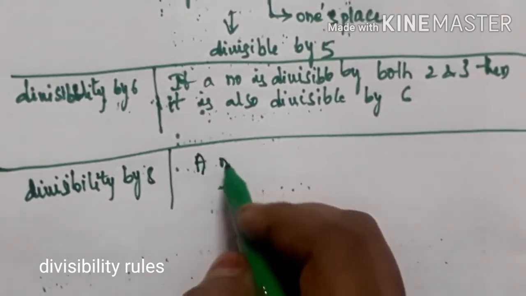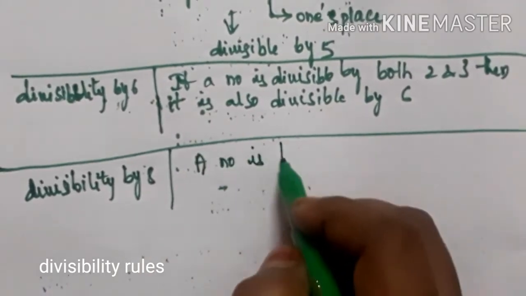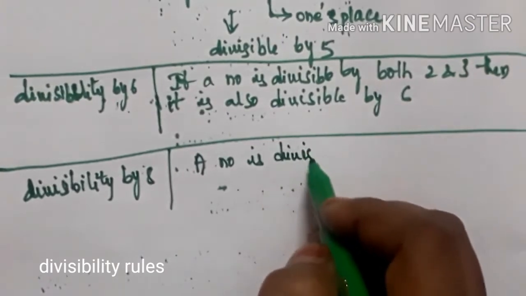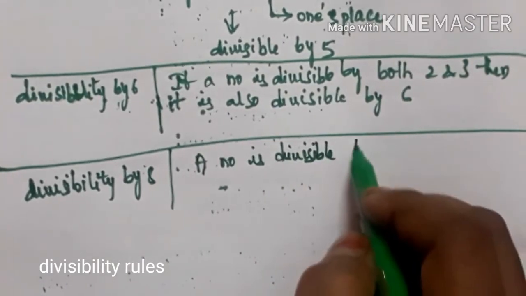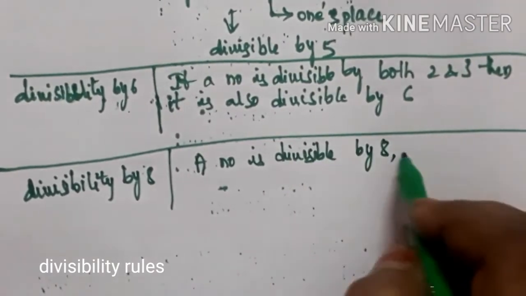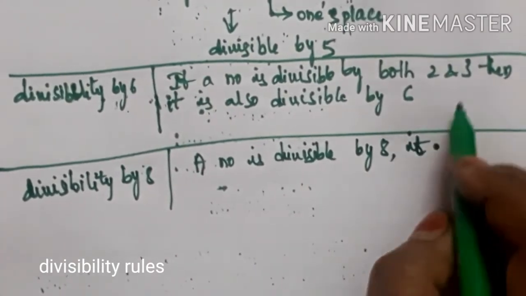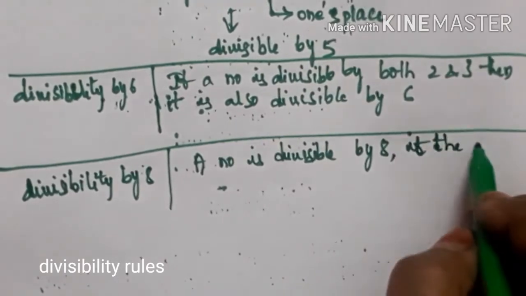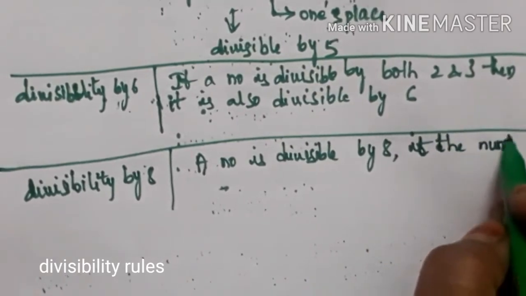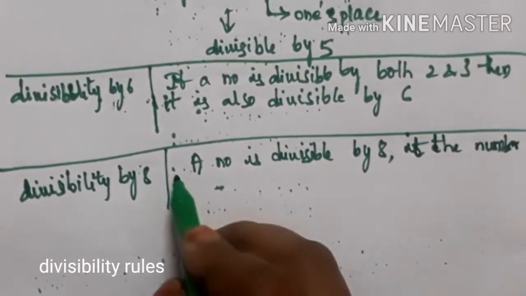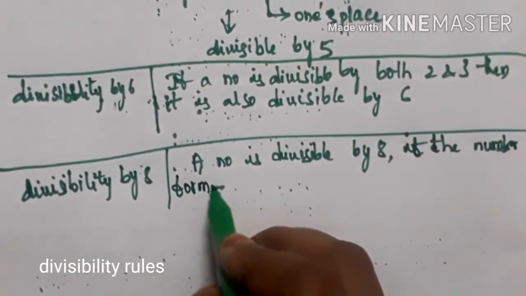A number is divisible by 8 if the number formed by its last 3 digits is divisible by 8.